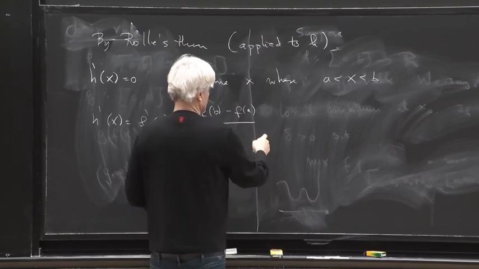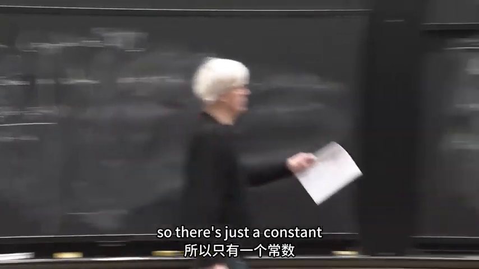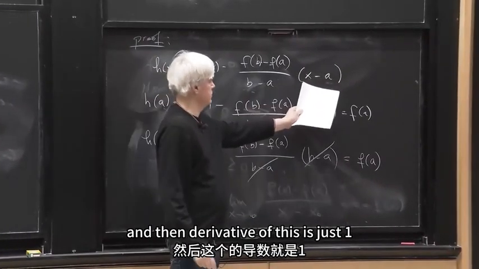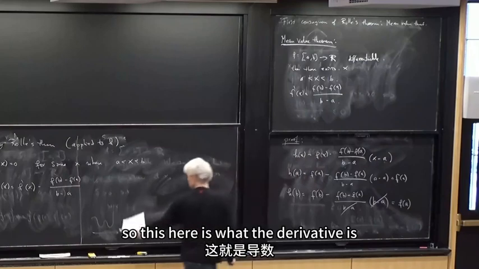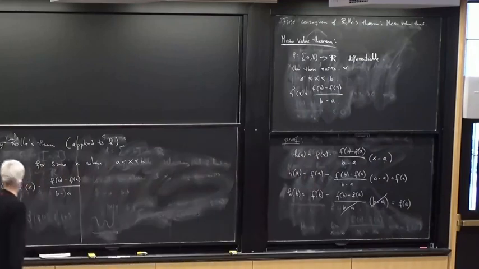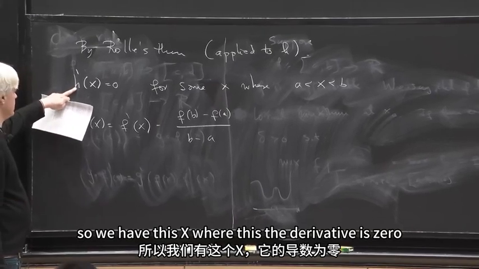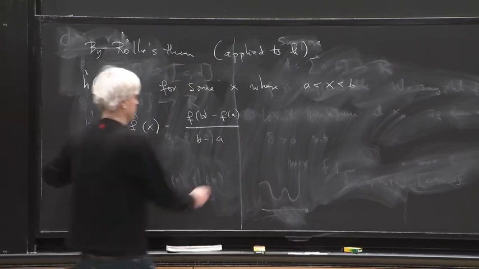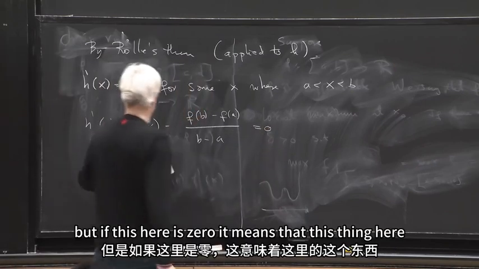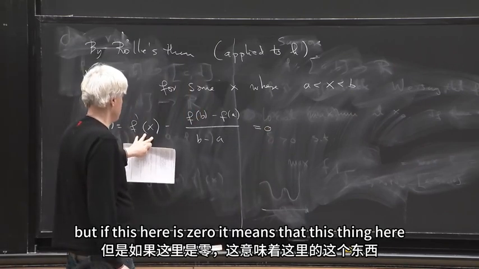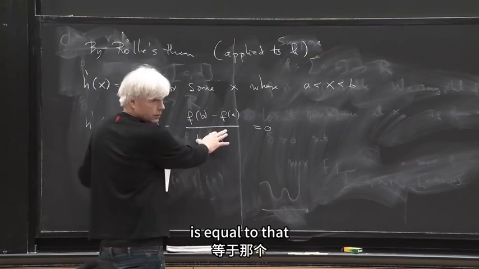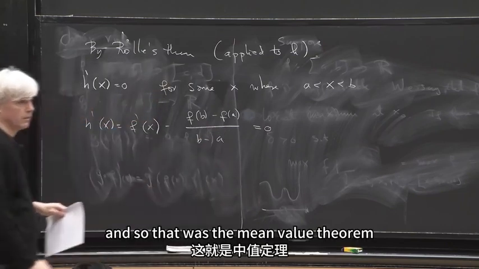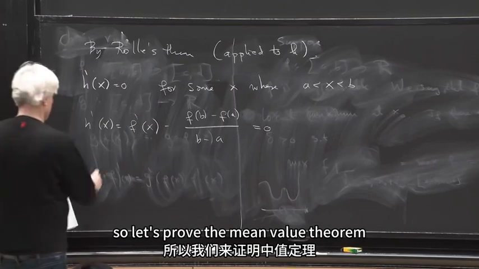And then this is just a constant, and the derivative of x is just 1. So this here is what the derivative is. And so you see that we have this x where the derivative is 0, so this here is 0. But if this here is 0, it means that this thing here is equal to that, right? And so that was the mean value theorem. So this proved the mean value theorem.